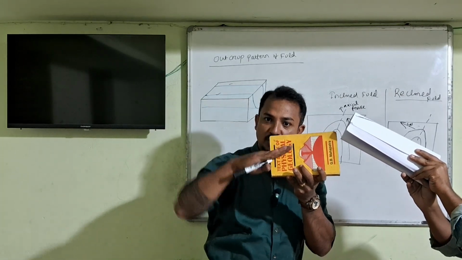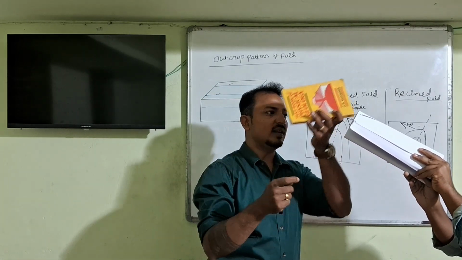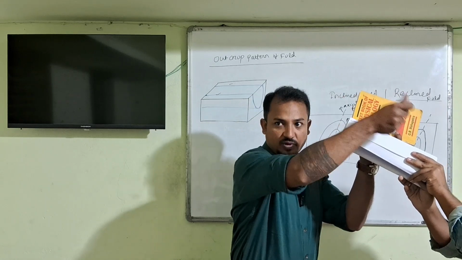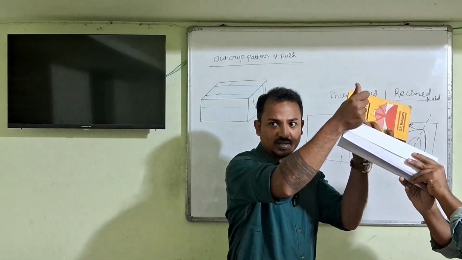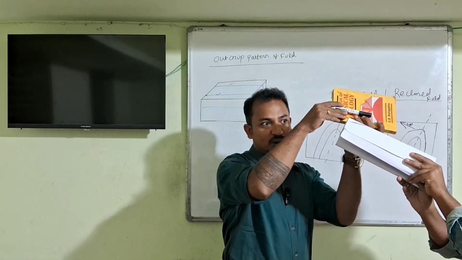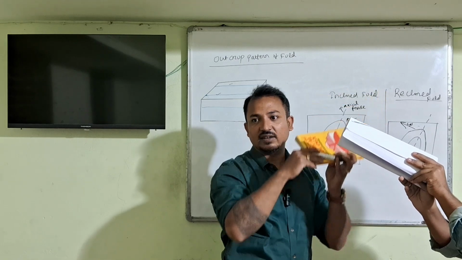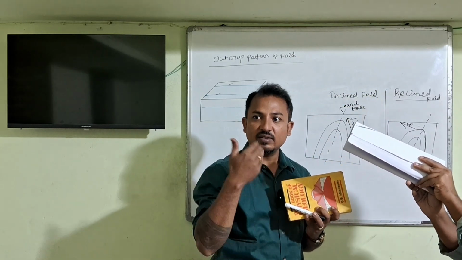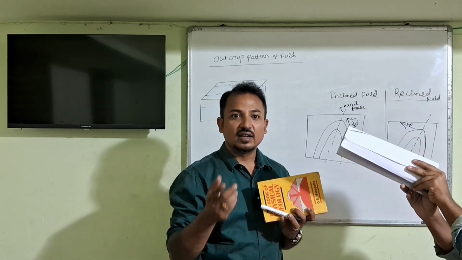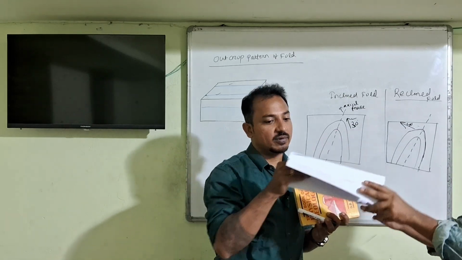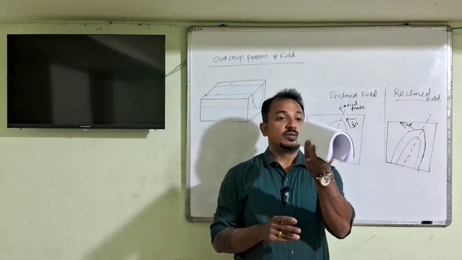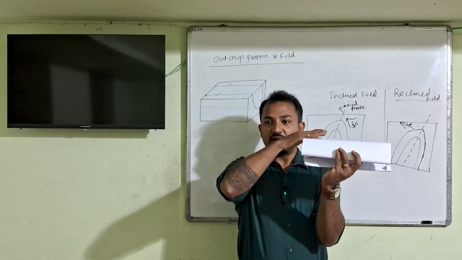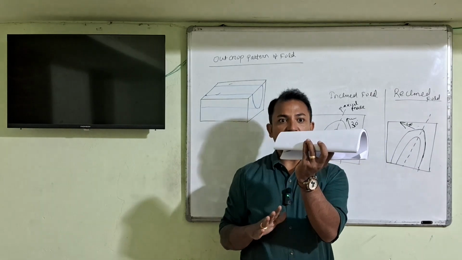So the plunge of the fold axis will change, and it will also make an angle with the strike line. With a gradual dip, when the pitch is 90 degrees, it will be considered a reclined fold. So these folds are called inclined folds.